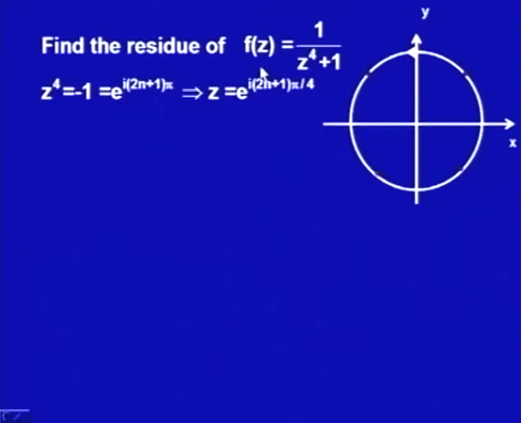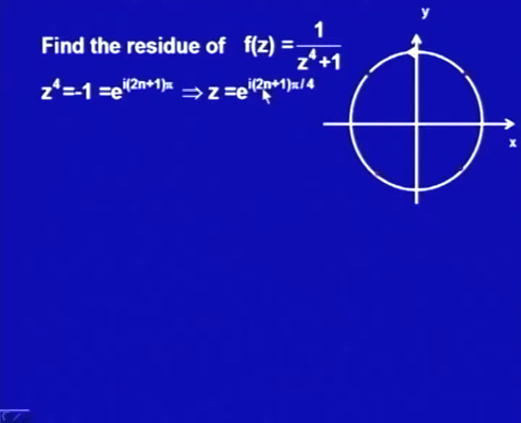Now, let us find out what these zeros are. They would be the poles of the function f(z). When n is equal to 0, we will have e to the power i pi by 4. Moreover, you could have the minus sign also, and it is still true. So, with n equal to 0, we have two poles, at e to the power i pi by 4 and e to the power minus i pi by 4.